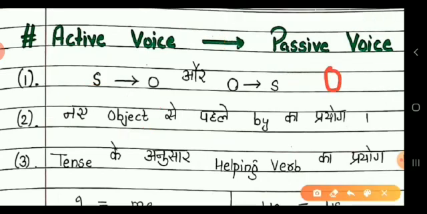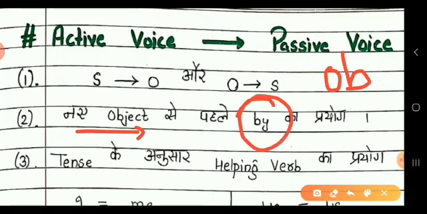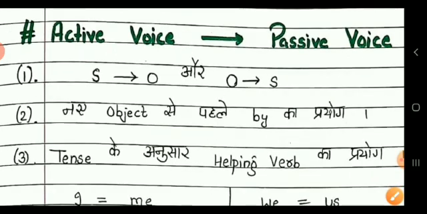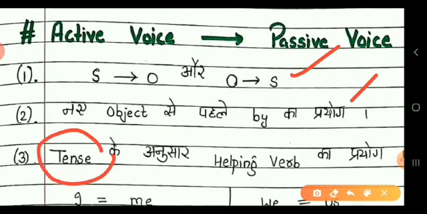And a very important thing, that is the third thing, that is tense. According to the tense, helping verb should be used. Now the third thing I am telling you, that we have to take care of the tense. Clear?